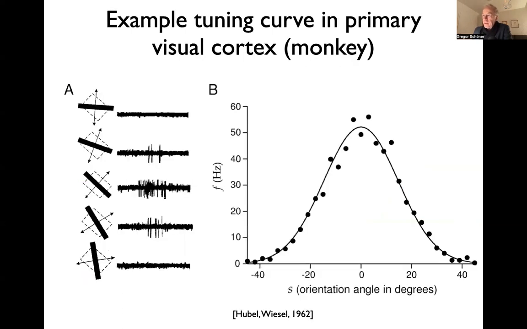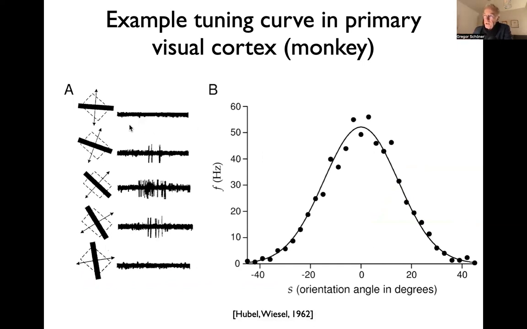Here is a historical example that I showed in some discussions we had, from the original work that was trailblazing for a lot of thinking about higher nervous function, about the brain. What Hubel and Wiesel did is record from the primary visual cortex, this is actually from monkey, where they were shown moving light bars on the retina of the monkey. The monkey was just fixating, actually an anesthetized animal.